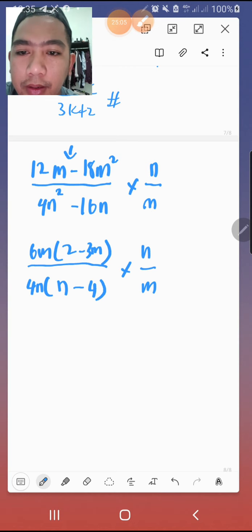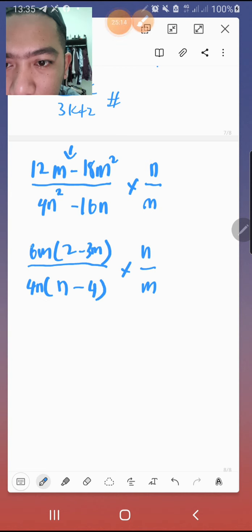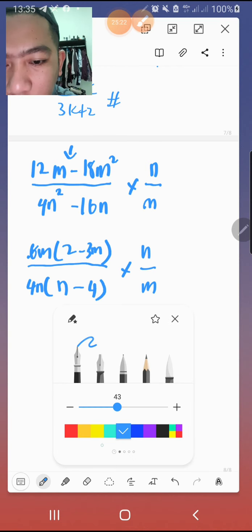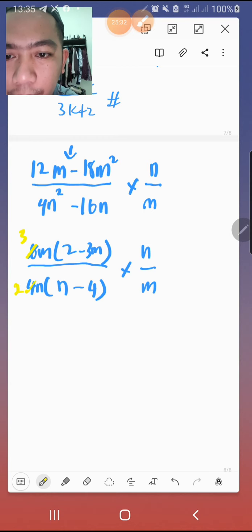Alright, okay, now you can simplify. First of all, we try to simplify 6 and 4. 6 and 4 with 2. 6 divided by 2, it will become 3. 4 divided by 2, it will become 2.